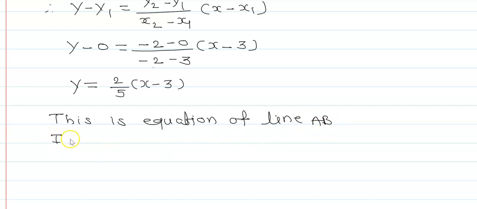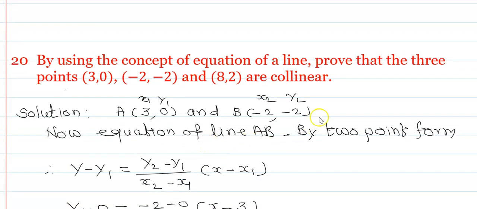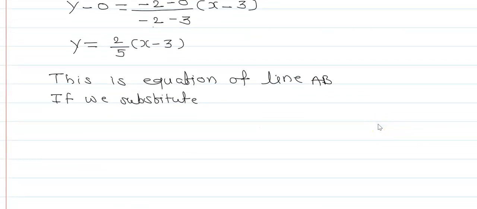If we substitute the third point, which is C, whose coordinate is (8, 2), x is equal to 8 and y is equal to 2, and suppose that we get LHS equal to RHS. Now what is here?